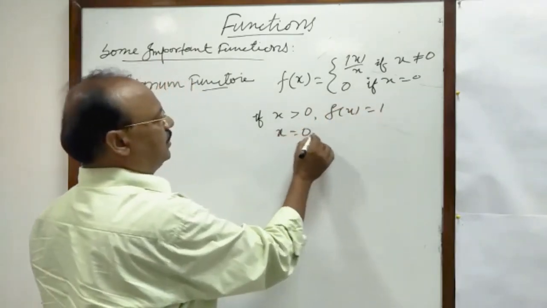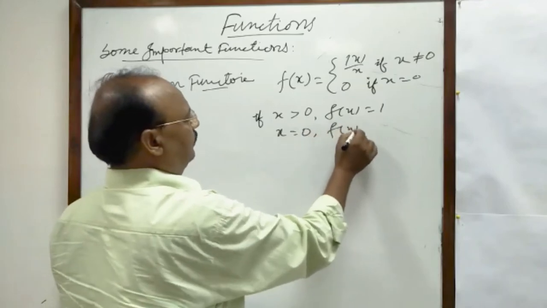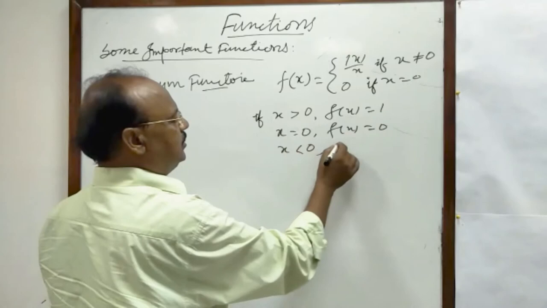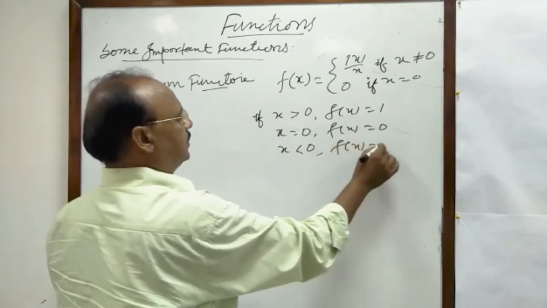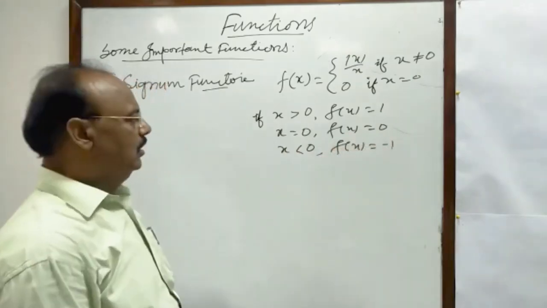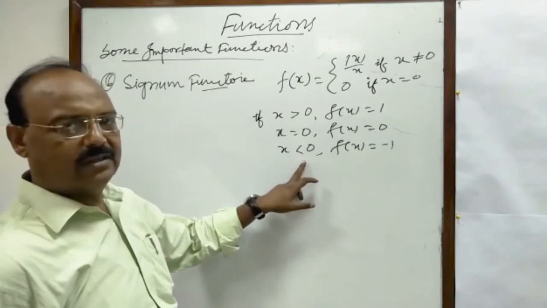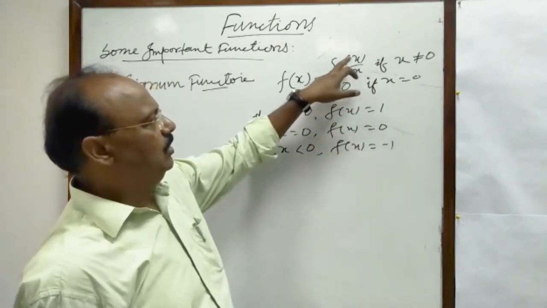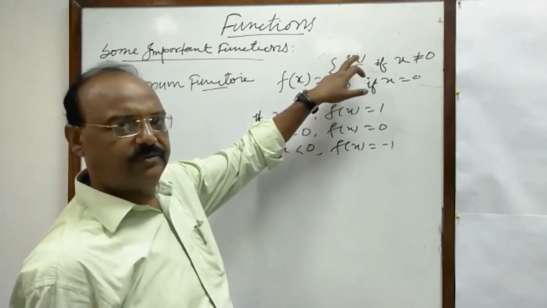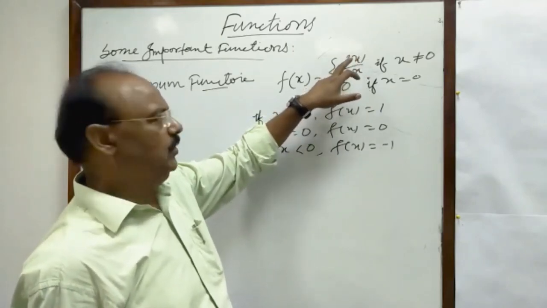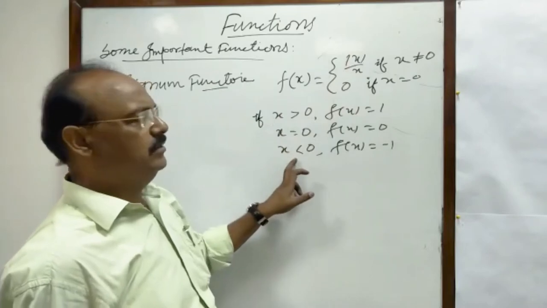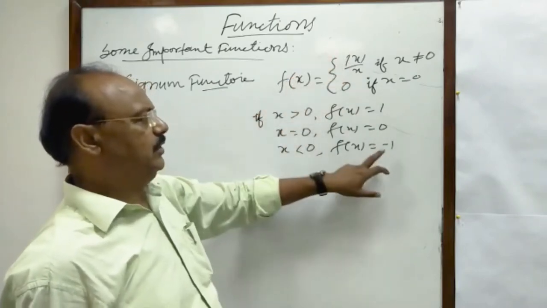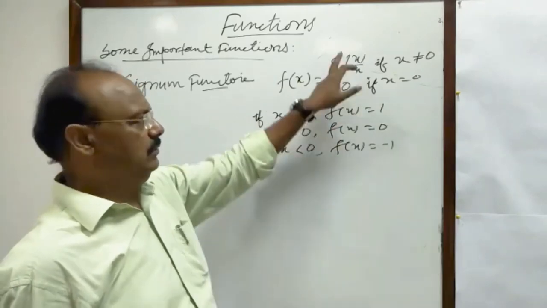If x is equal to 0, f(x) is equal to 0, and if x is negative, less than 0, then f(x) is equal to minus 1. Because in this case, less than 0, f(x) is minus 1 as mod of x will be positive. Modulus is always positive, but this x is negative. So finally this will be a negative number. So this will be minus 1.